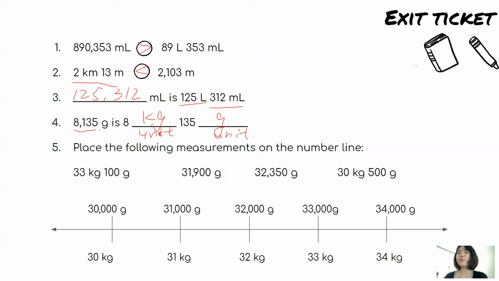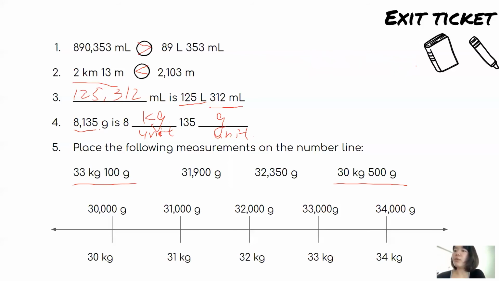And the last one, place the following measurements on the number line. So we have 33 kilograms 100 grams, and 31,900 grams, and 32,350 grams, and 30 kilograms 500 grams. So we can convert both of these into grams.